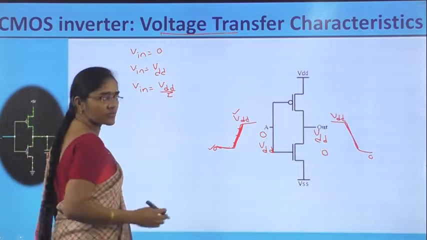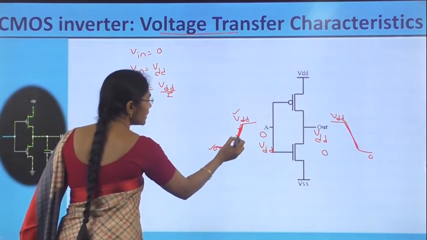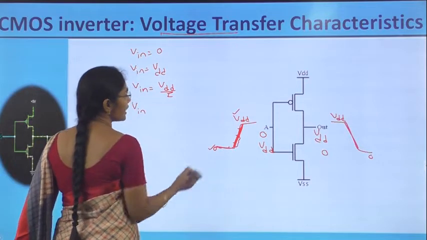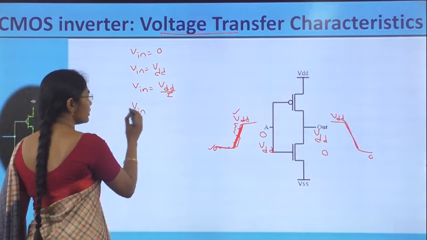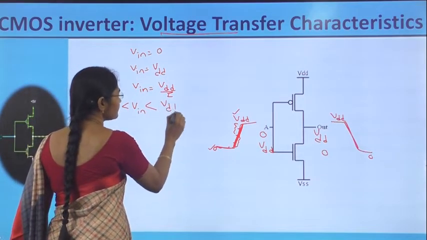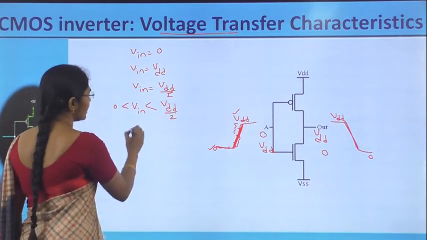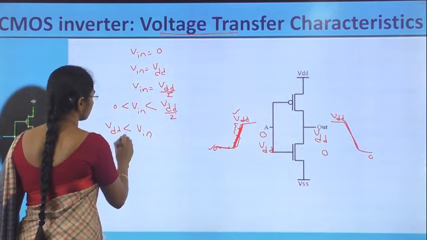Then Vin from 0 to VDD by 2, and Vin from VDD by 2 to VDD.